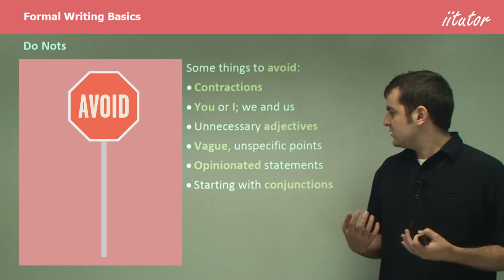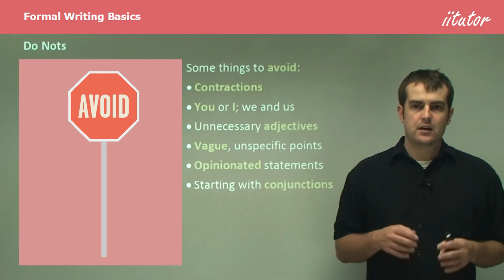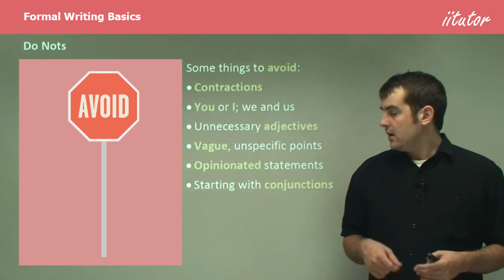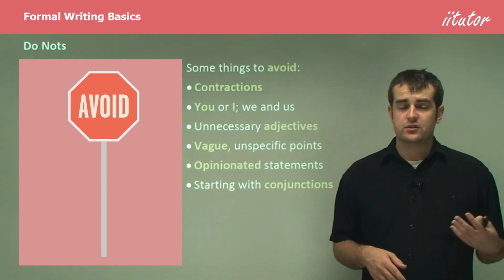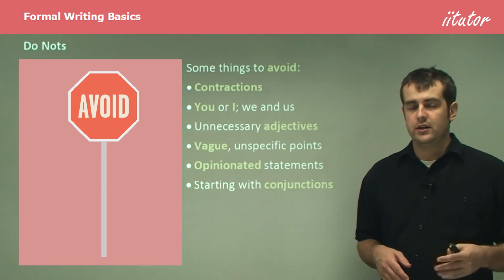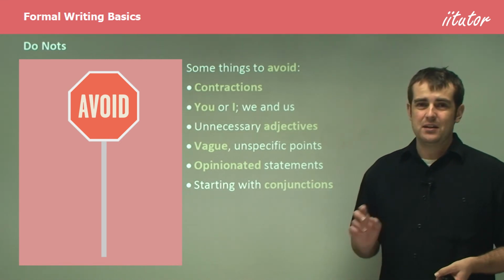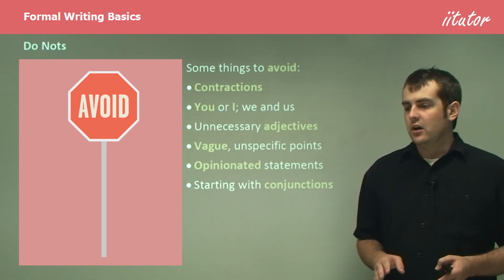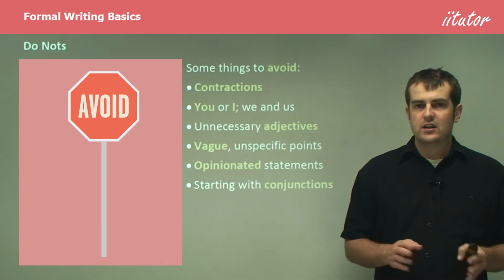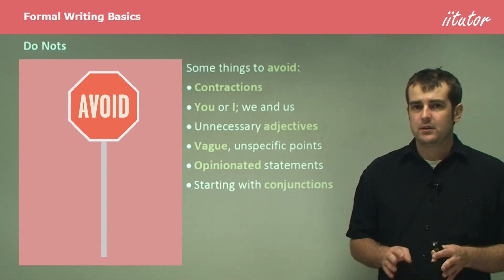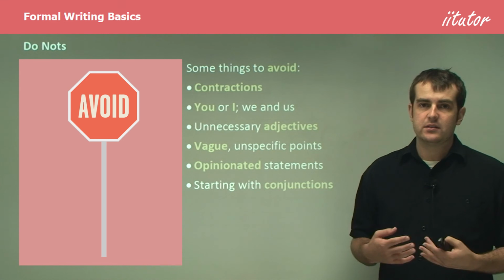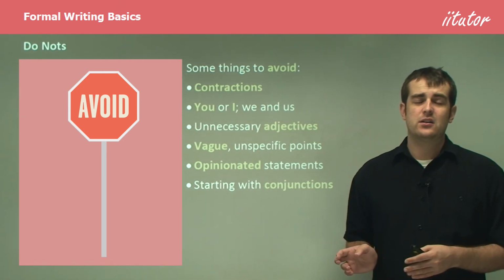And the last thing is starting with conjunctions. I know this comes up a lot in people's creative writing, and conjunctions certainly come up quite a lot when starting sentences in creative writing. But in essay writing, it's a big, big thing that you can't do. So if you're writing something and then start your next sentence with and, please don't. Or even but. It could easily have been attached to another sentence.